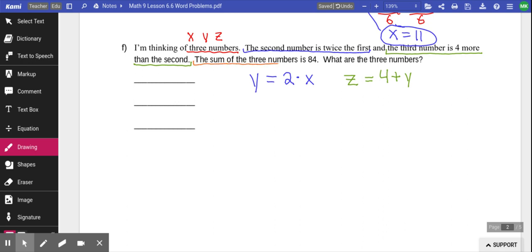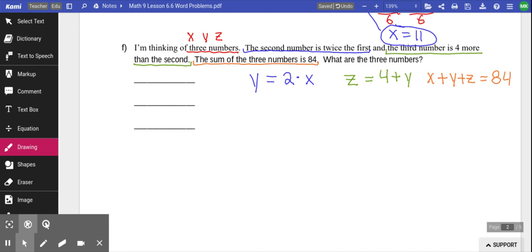It says the sum of three numbers is 84. So if I'm building that, the sum means I have addition. The three numbers, so that's X plus Y plus Z, is means equals 84. And now I actually have three equations with three different letters built. I'm going to have to do a lot of substitutions in this one.